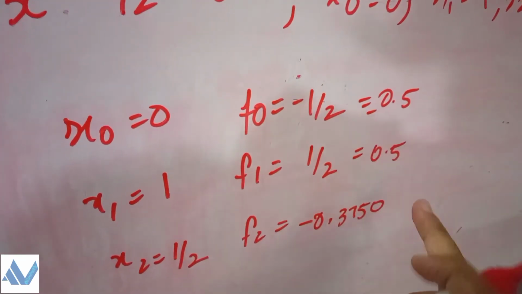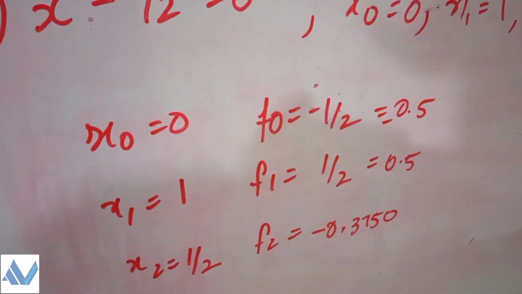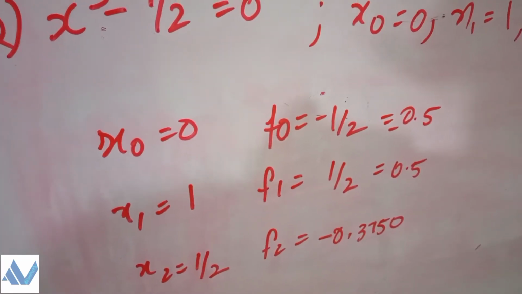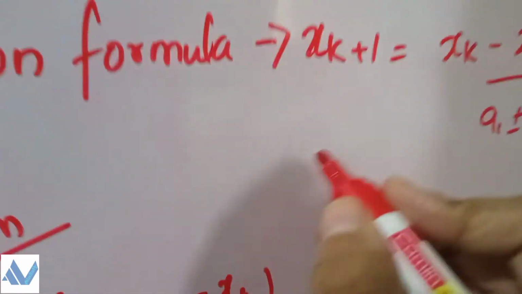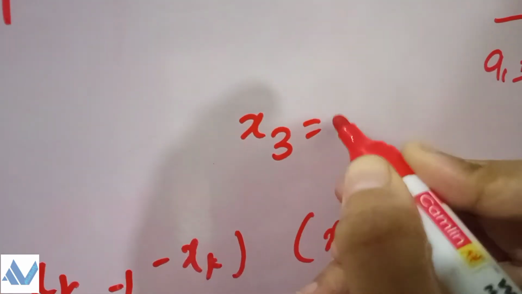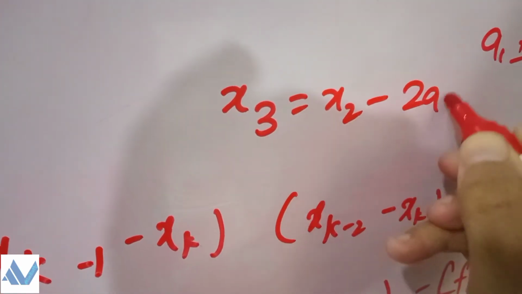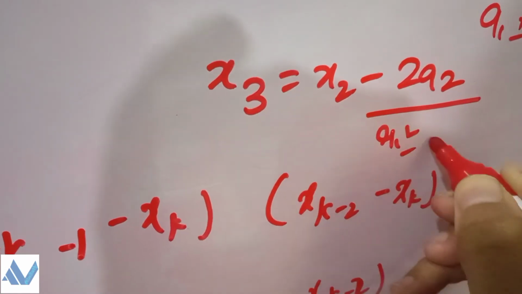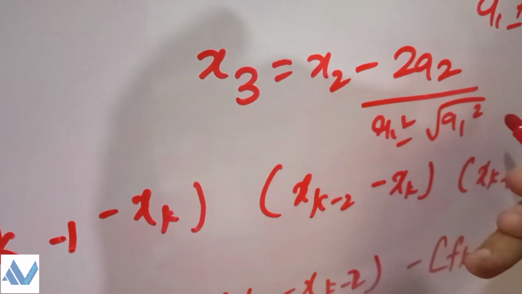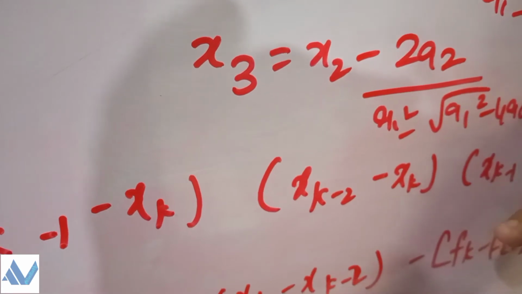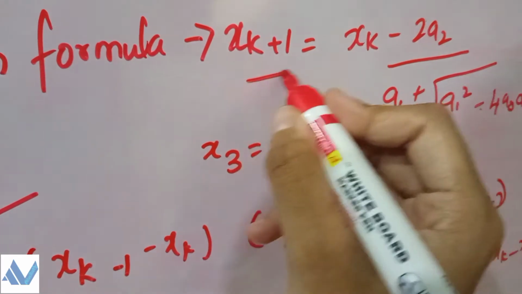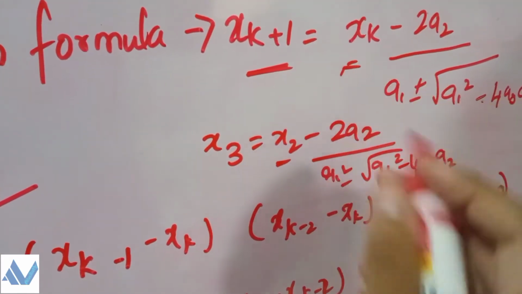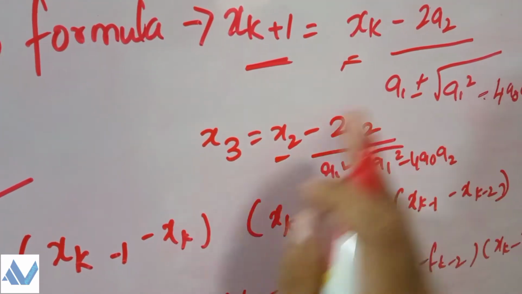So we have got a negative and a positive value. Now substituting this in the iterative formula, x_{k+1} equals x_k minus 2a2 by a1 plus or minus the square root of a1 squared minus 4a0a2, the first iteration becomes x3 equals x2 minus 2a2 by a1 plus or minus the square root of a1 squared minus 4a0a2. Everything remains the same except for this and this.